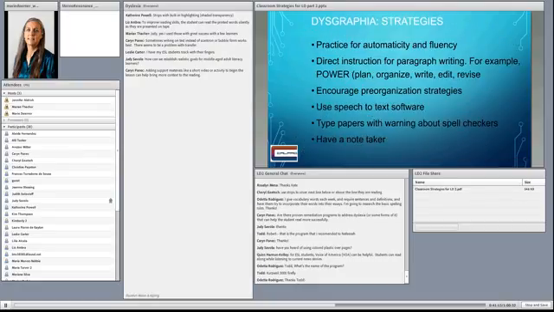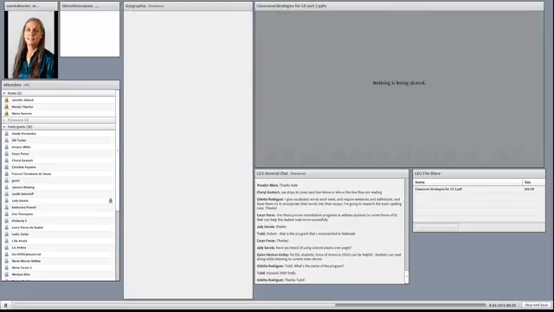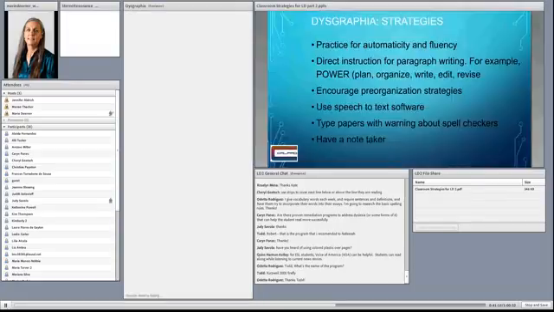Next. The strategies really are to practice and really work towards fluency.